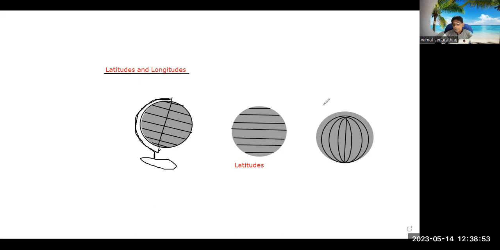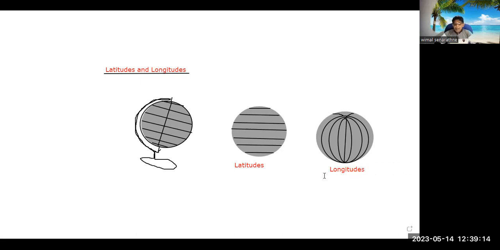Okay, then these lines, that means the lines spread between the North Pole and South Pole, are called longitudes. They are called longitudes.